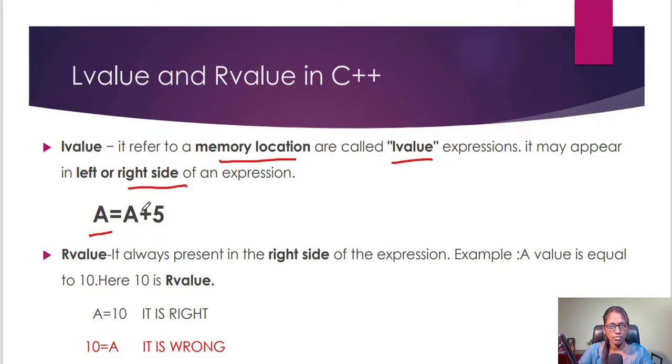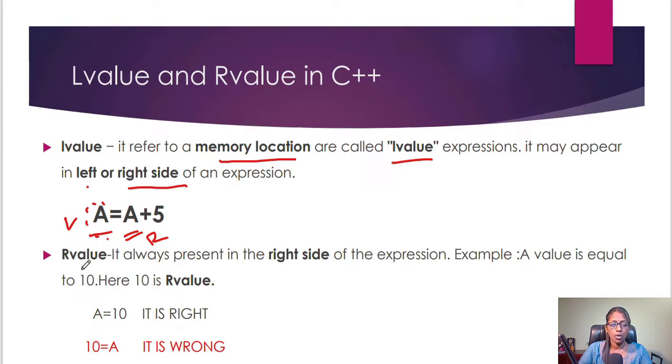A is a variable. This is allowed to be on the left hand side, so this is called an L value. This must be on the left hand side. This is L, and this may also be present on the right side. This is L, this is R. So this variable.